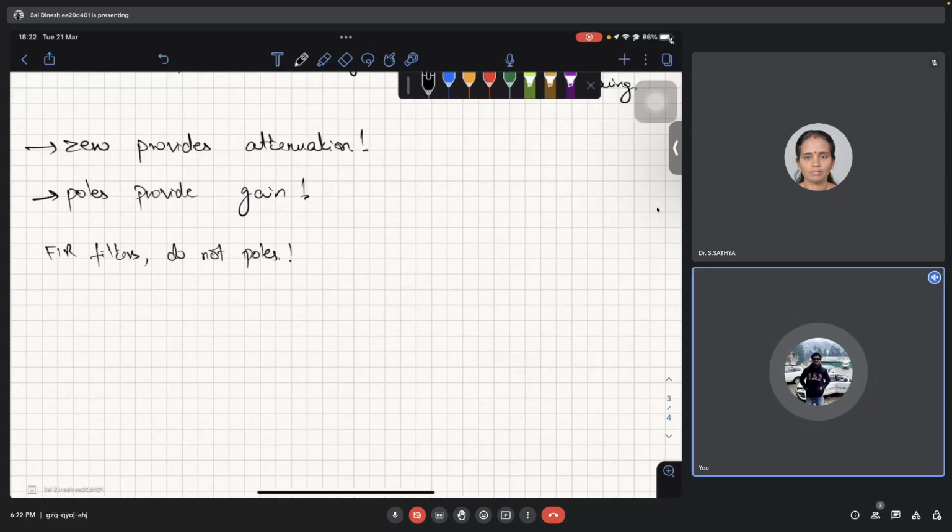Here both zeros and poles shape both the passband and stop band. Okay.